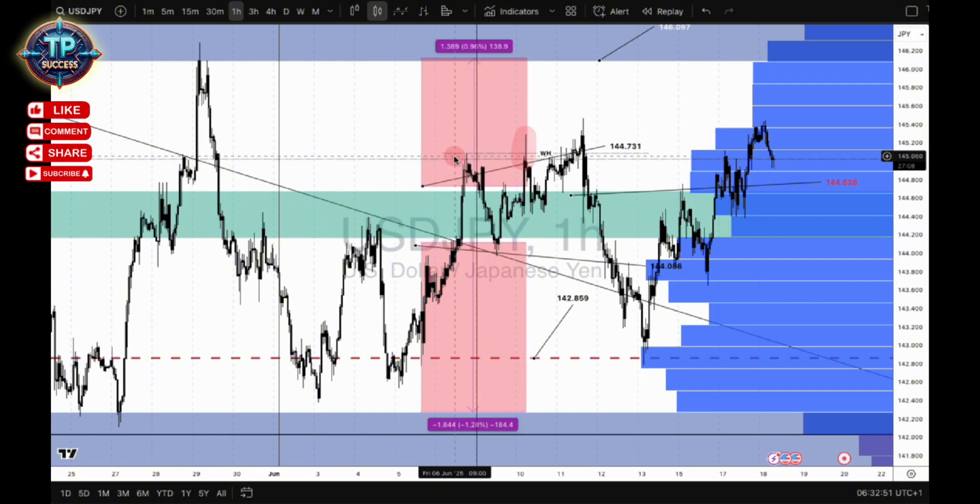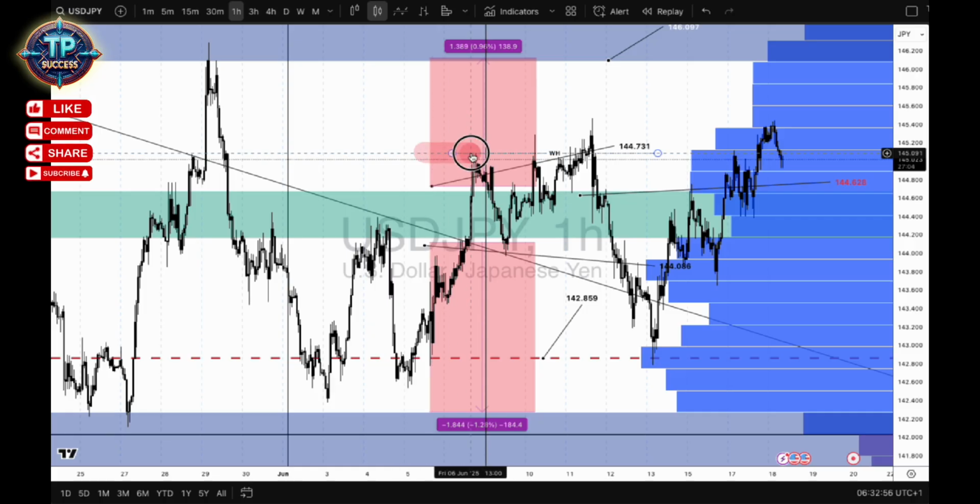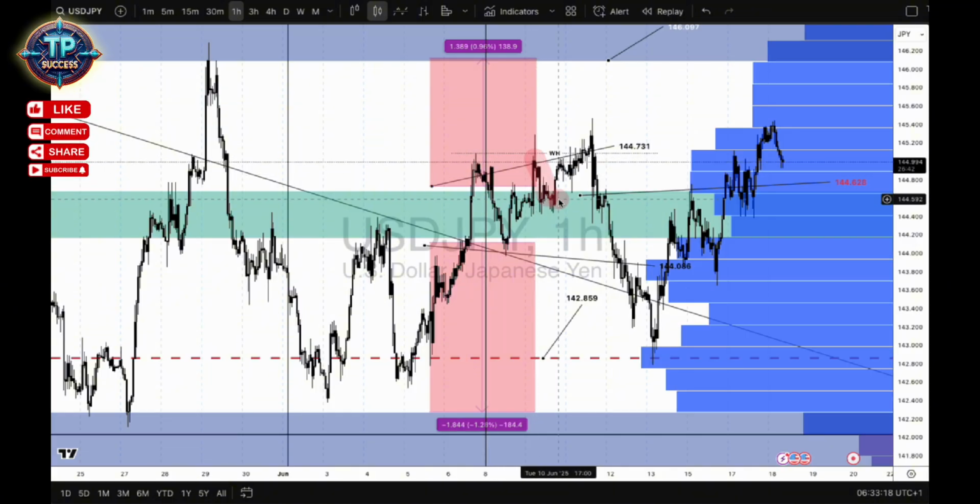Okay, this was what was pushing through the weekly high that was set for us on the previous Friday that I had pointed out, to say, hey, if price closes above the weekly high, this is what we're looking for. So price was testing this area, and this was on the recording. So price came back down, came back into the low value node area, and then continued on its journey upwards, right?